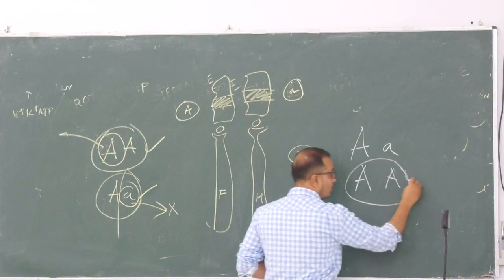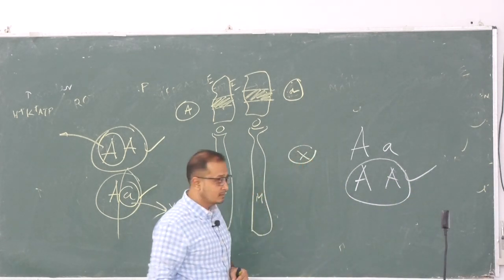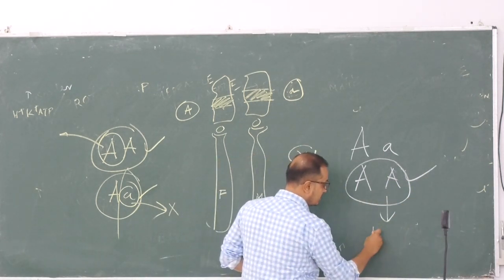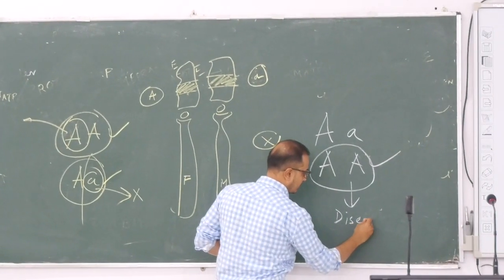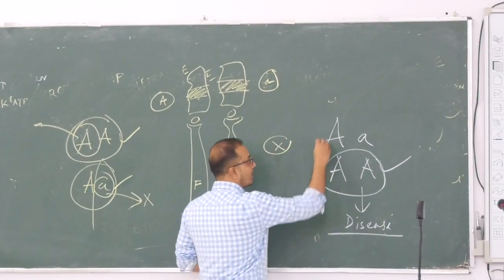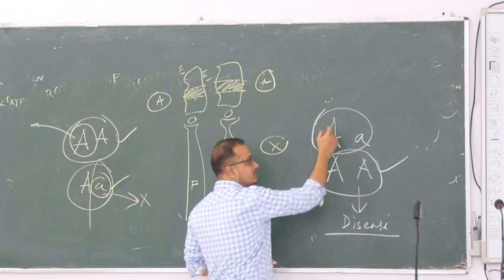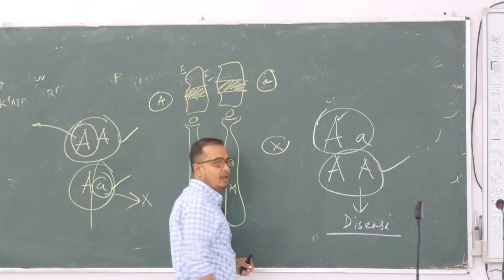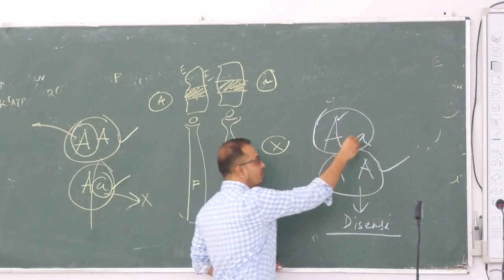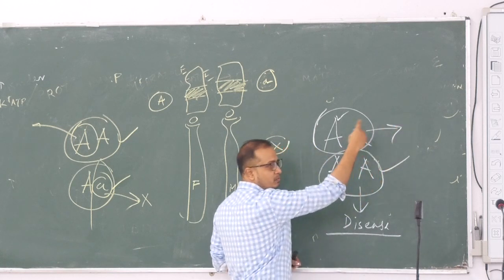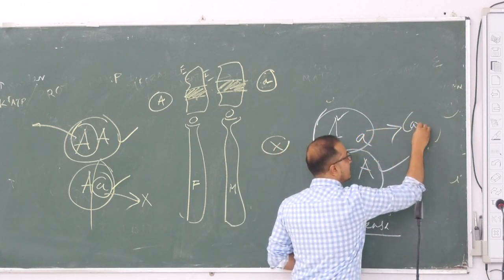If we have a double dose of the defective gene, then only the disease is expressed. If you have a single dose, say A is the disease gene and it is single in number, it is not expressed, and this individual is known as a carrier.